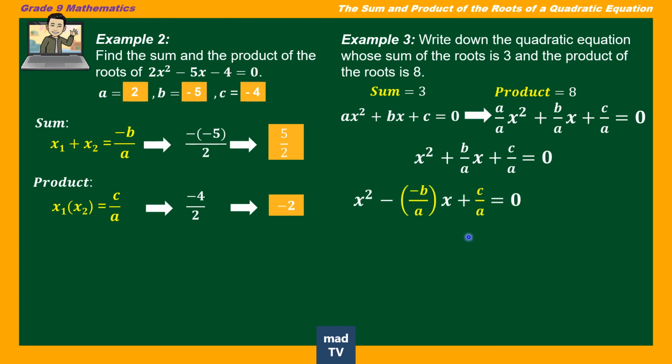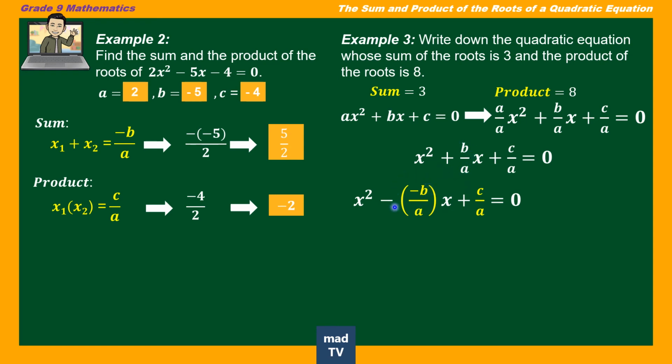Now, palitan natin ito. Itong part na to. Palitan natin so that it will become the sum. So, nagpalit tayo, naging, yung dating plus, naging minus. Negative b divided by a. So, pag multiply natin to, if we are going to multiply this negative by negative b, magiging positive pa rin siya.